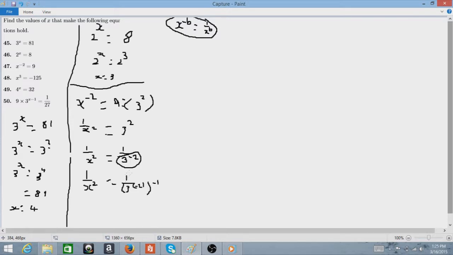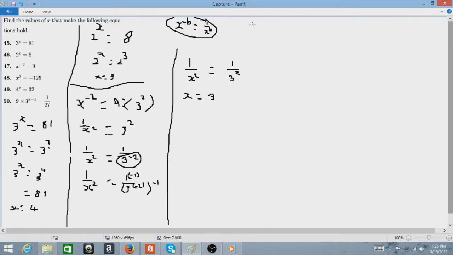Since 1 to the power of minus 1 is 1, we'll leave it as 1. Now this is identical to 1 over x squared equals 1 over 3 to the 2. The indices are the same, it looks similar on both sides, therefore x is equal to 3.